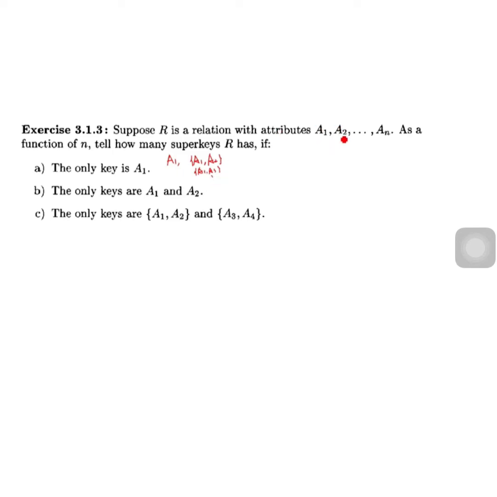You can choose one attribute from A2 to An, and this attribute with A1 is a superkey. So A1 alone is one superkey, and then we choose an attribute from A2 to An, which is choosing one from n minus 1 attributes.